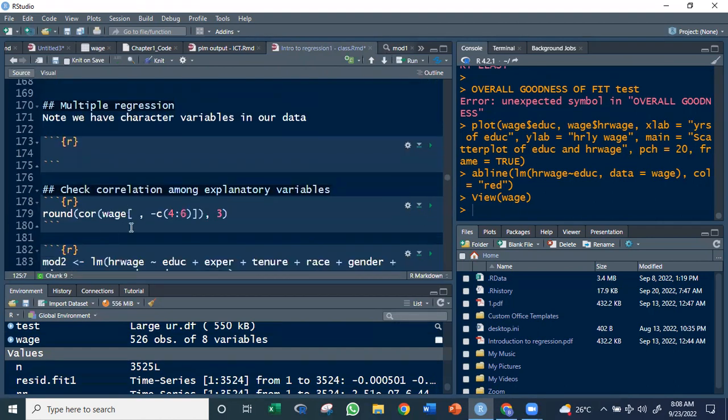Si wage brackets, which means subset natin. Kasama sila si rows, lahat ng rows, yung first, yung space dito, hindi na natin in-identify. Ibig sabihin, kasama si rows. And then negative C 4 to 6. Si column naman, exclude si columns 4 to 6. Okay?